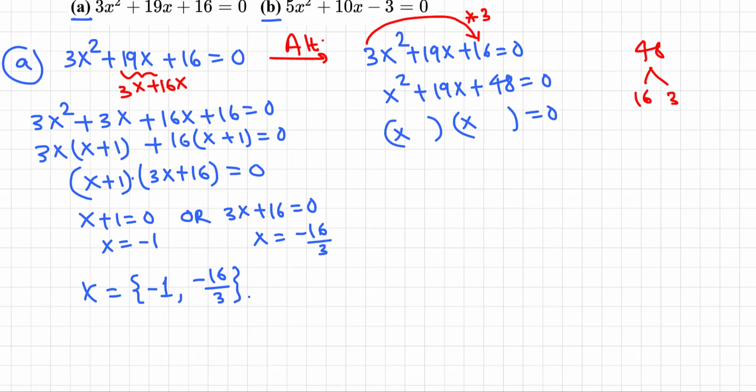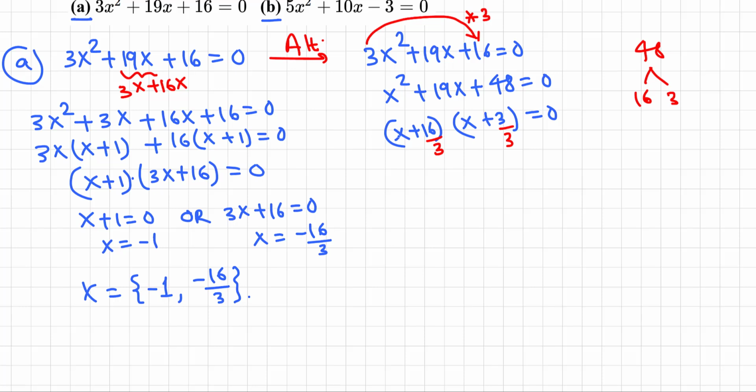Okay, so 16 and 3. It doesn't matter where you write plus 16 and plus 3. But then we cannot find the x value yet, because we multiplied by 3, so we need to divide by 3, and then we can find the answer.